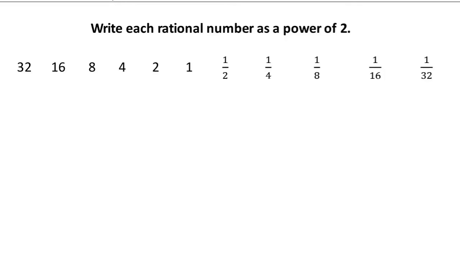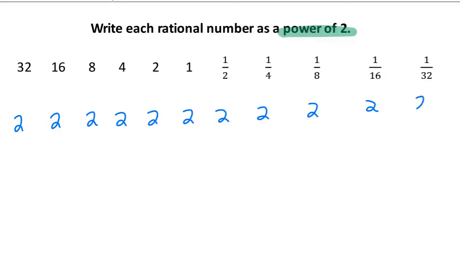We're going to take the rational number and make it into a power of 2. All of these will have a base of 2: 2 to the something, 2 to the something. I just have to figure out what my exponent is.